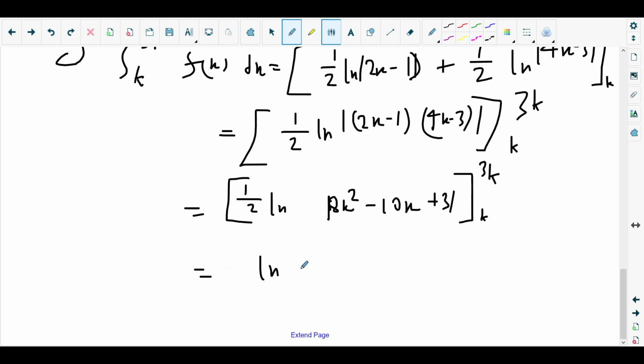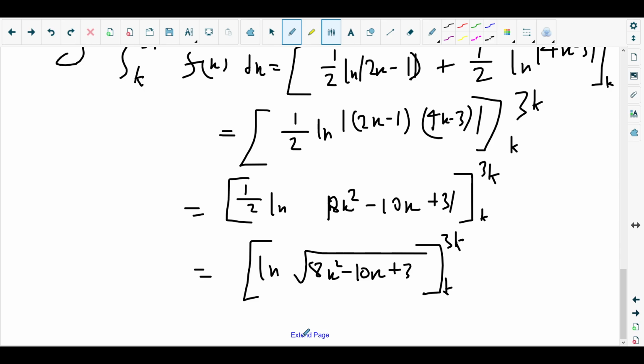So half can be written as the square root of 8x squared negative 10x plus 3. Now we just need to put the limits.